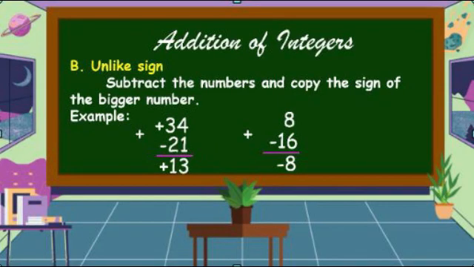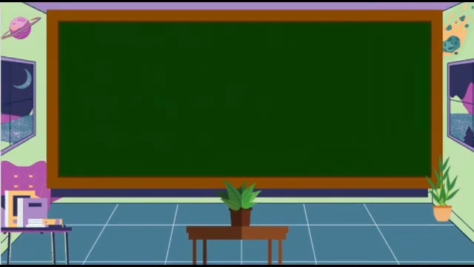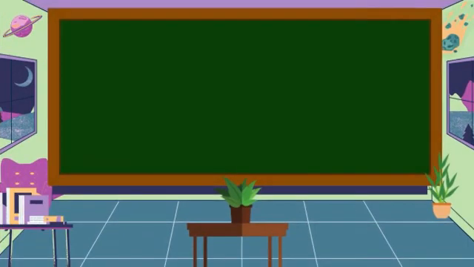Another sample, 35 plus negative 10. 35 is positive and 10 is negative, so we're going to subtract 35 minus 10. The answer is 25.